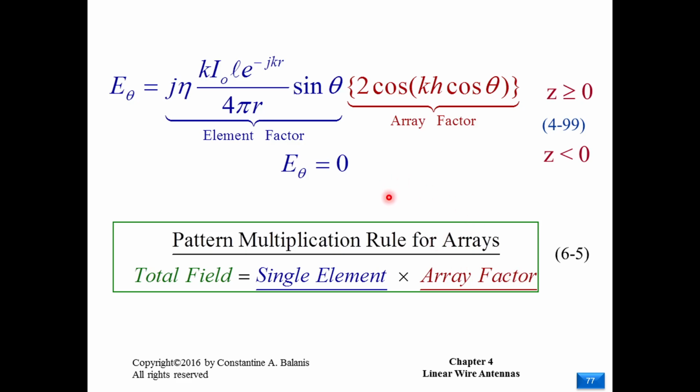One important thing here: for z less than 0, below the perfect conductor, there is actually no radiated field, even though we would get an expression from the image theory, because in the image theory we removed the perfect conductor. This finding in the lower half plane is meaningless.